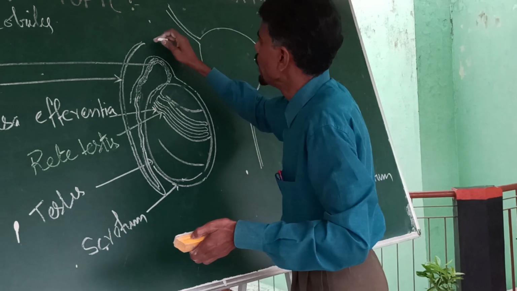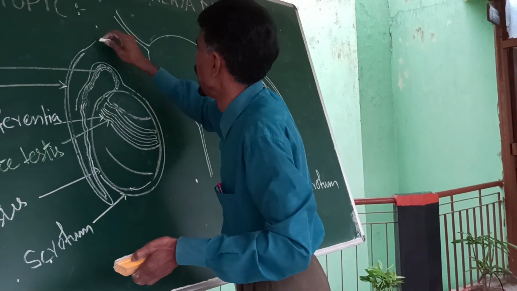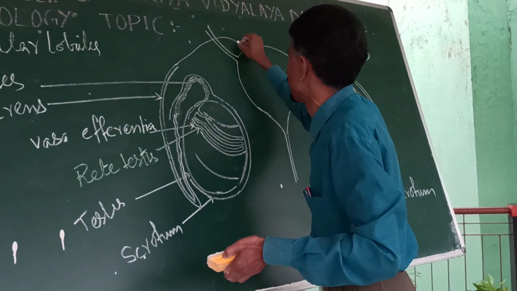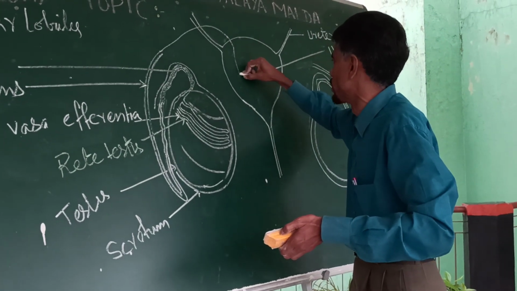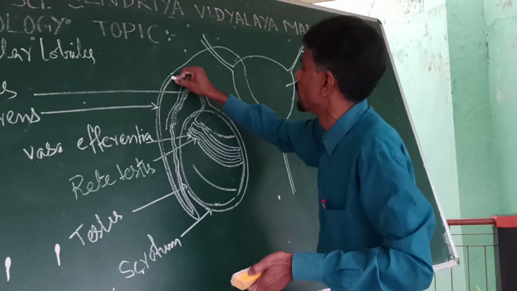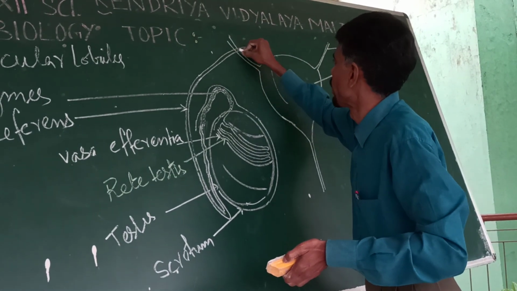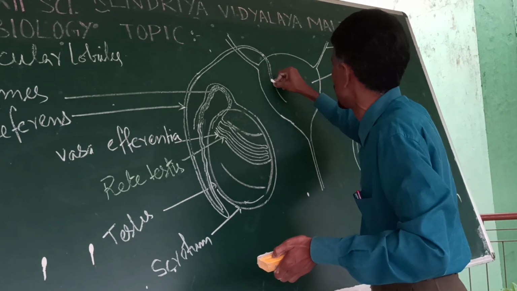Now, the two vas deferens will make a loop round the urinary bladder. You have to be very specific and have a very clear concept. So this is the left vas deferens making a loop over the urinary bladder.